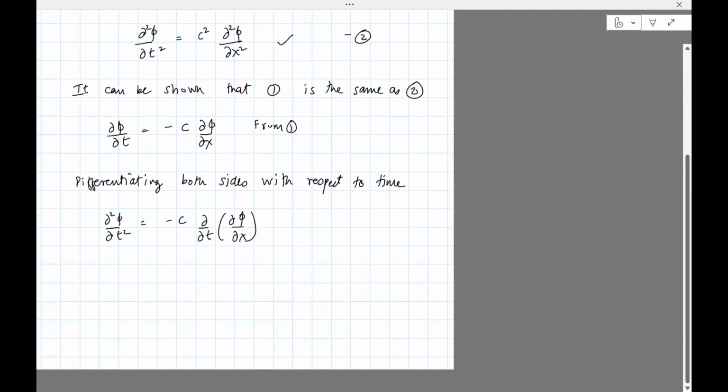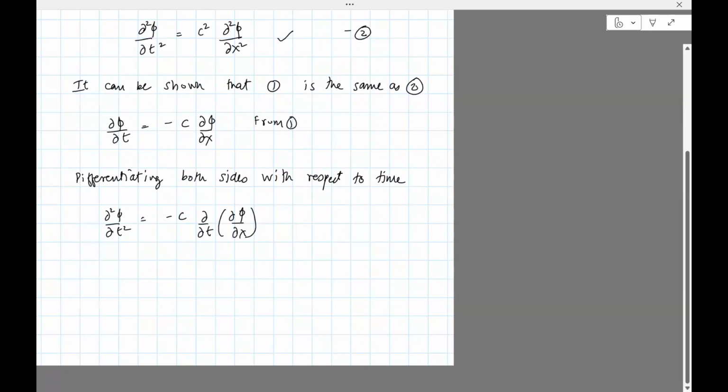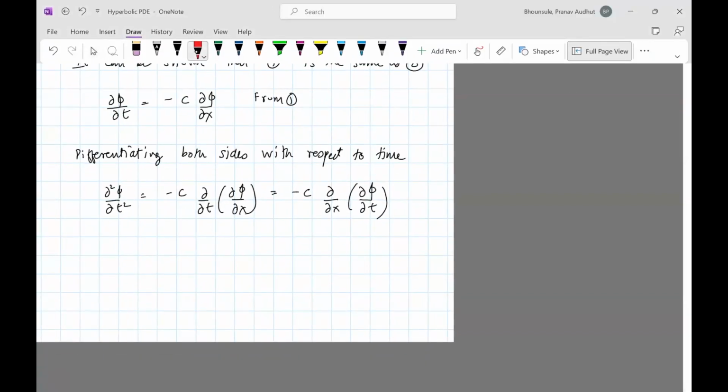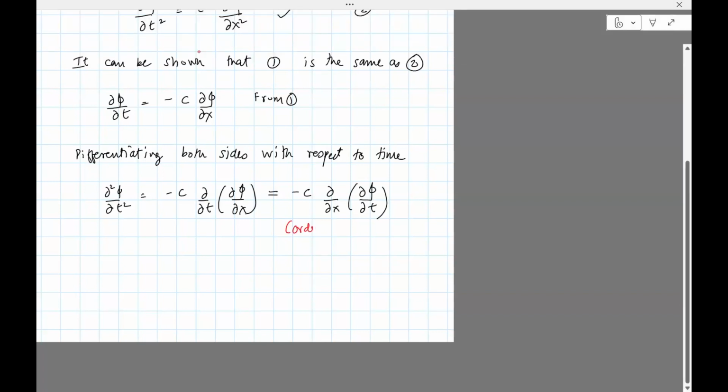Now there's a rule in differentiation which says that the order of differentiation can be reversed. So we can write this expression as minus c ∂/∂x ∂φ/∂t. This is the order of differentiating can be reversed.